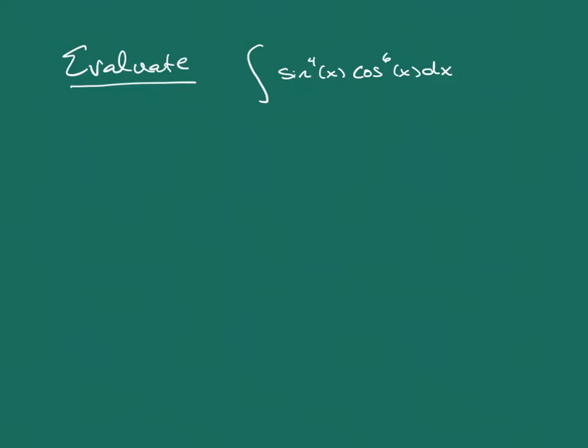Well, we can start out doing something similar to what we did before. Since both powers are even, we can rewrite that with our power reduction formula as sine squared cubed and cosine squared cubed dx.